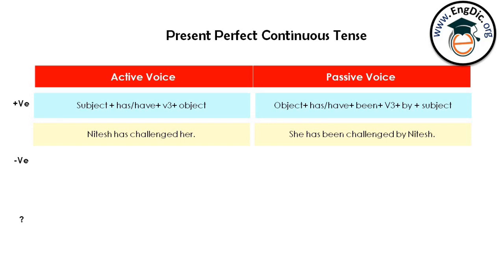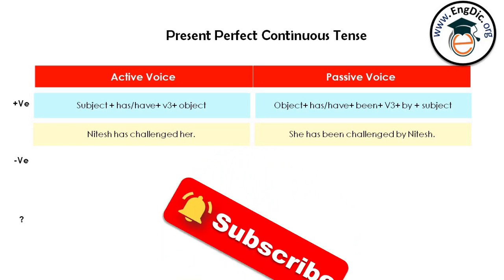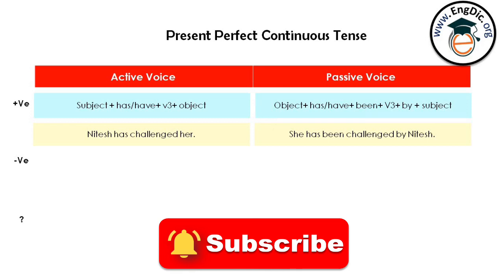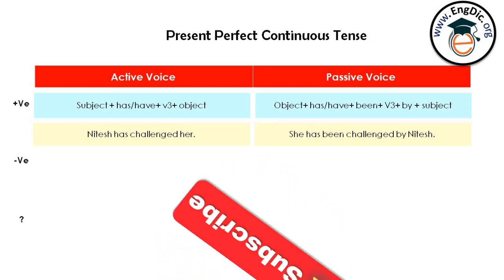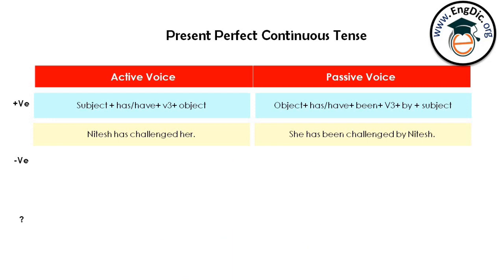For example, she has been challenged by Nitesh. So you can see that we have replaced the subject with the object and the object with the subject. We have put she at the start, and then has, then been, then the third form of verb of challenge, challenged, and we have put by, and then Nitesh, the subject. She has been challenged by Nitesh.